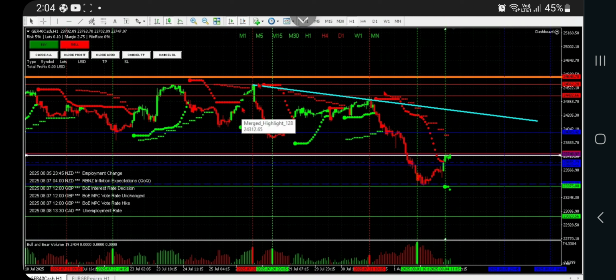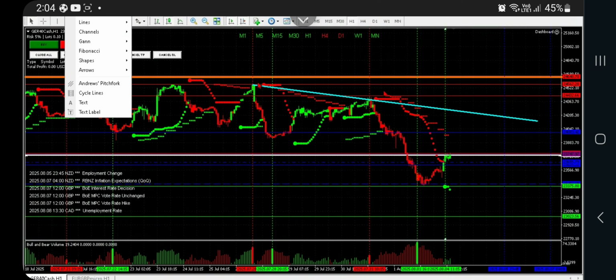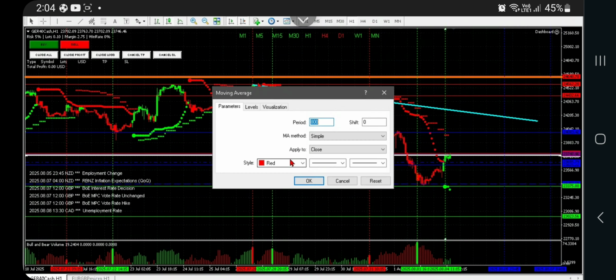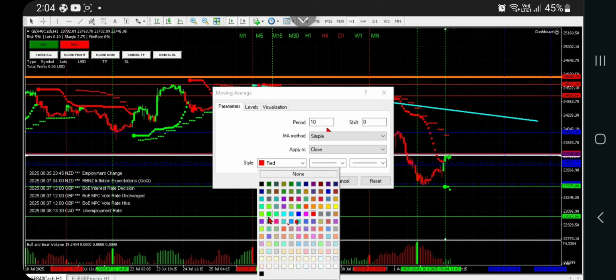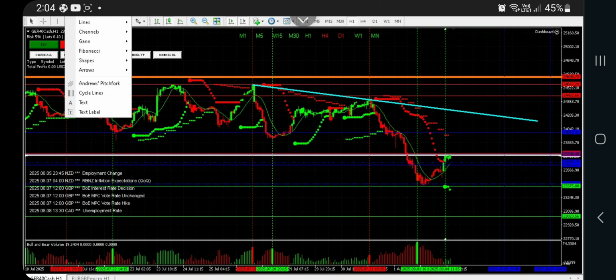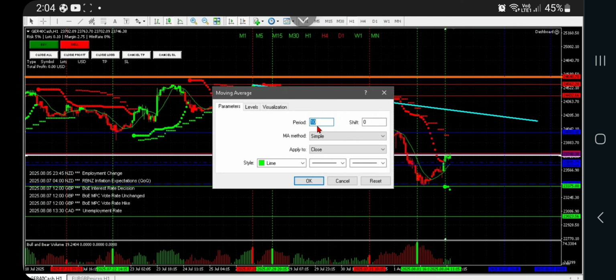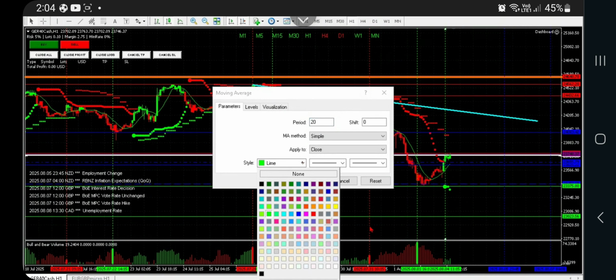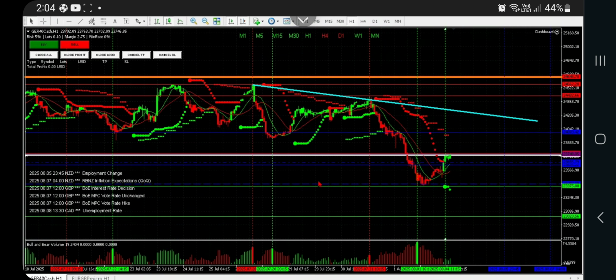Because sometimes, for example, if I insert a moving average, let's say, okay, that is a bit unrealistic, let's say a 10-day moving average, and let's go with the 20-day moving average. If I look at this, the moving average would tell you to buy over here, right?